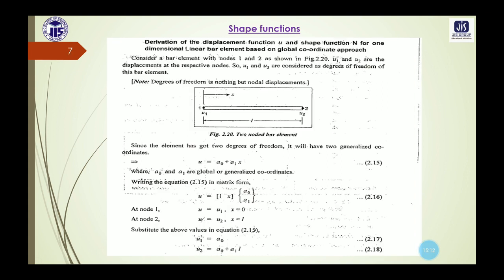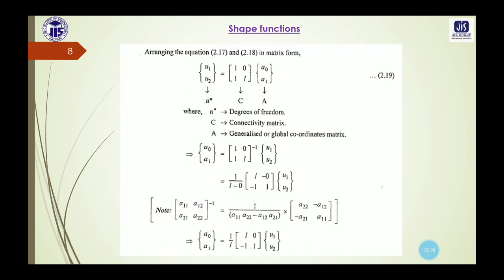So from this equation 2.19, the generalized or global coordinate matrix equals the connectivity matrix inverse multiplied by the degrees of freedom.